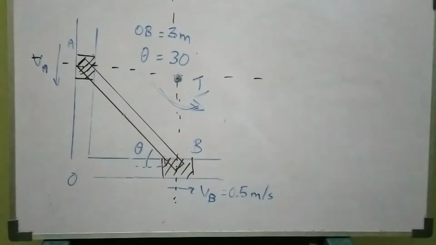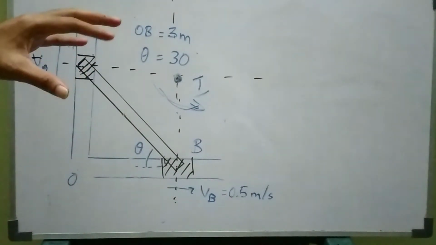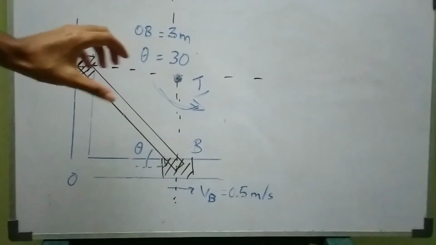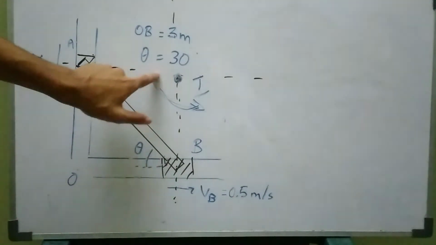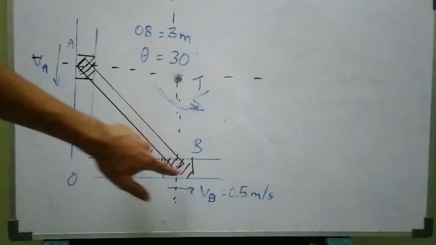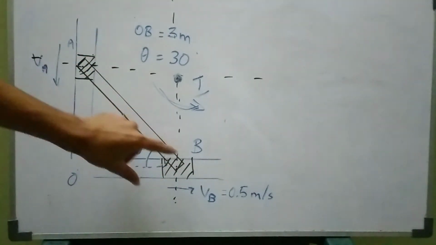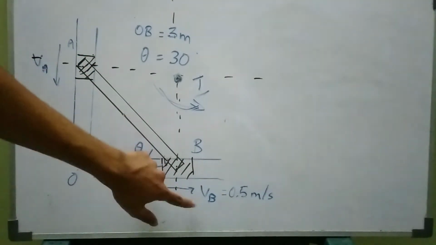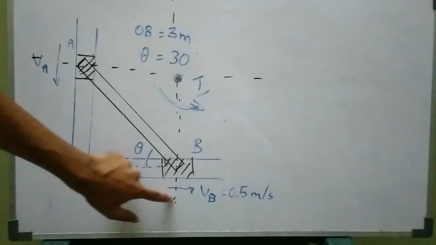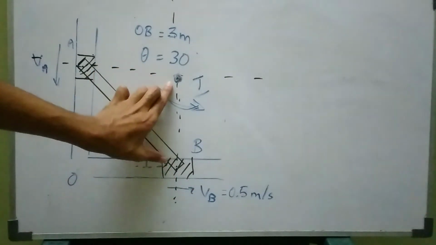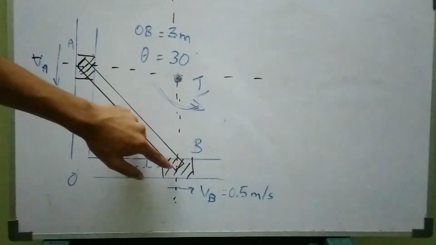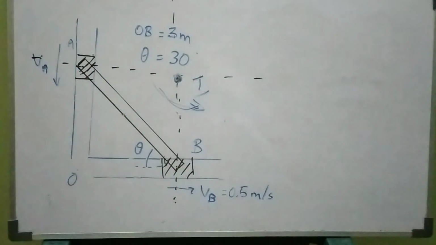It's no problem if you don't know the proof. The main thing is that from the instantaneous center, we can directly take the velocity of any point of this moving body. If we take point B, VB would be IB into theta dot, which means omega.